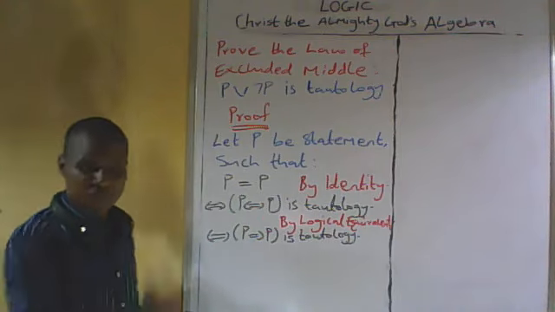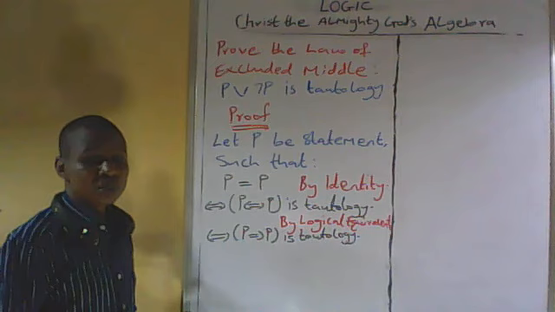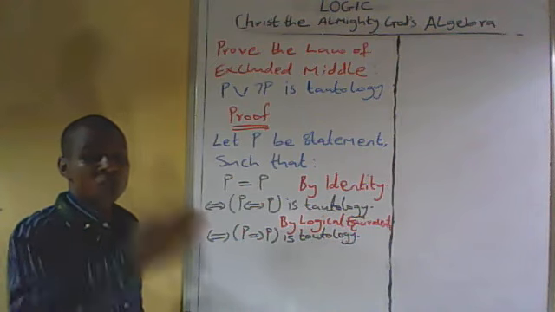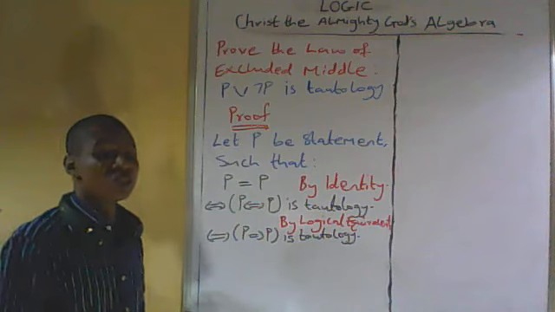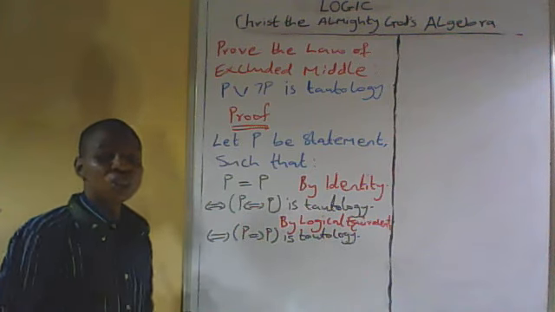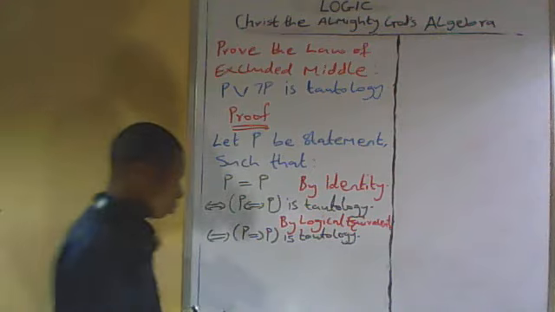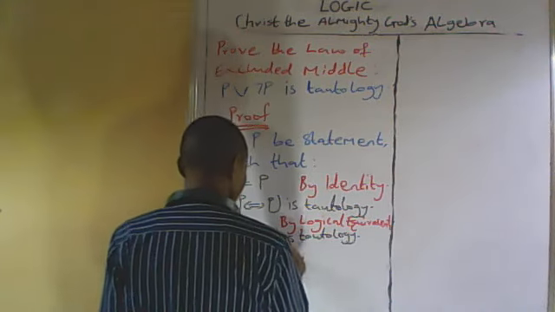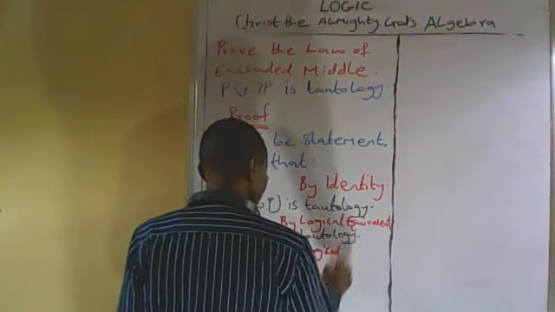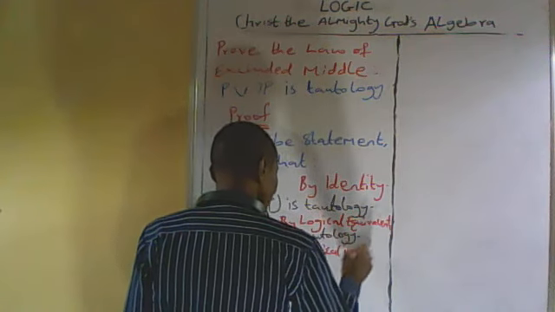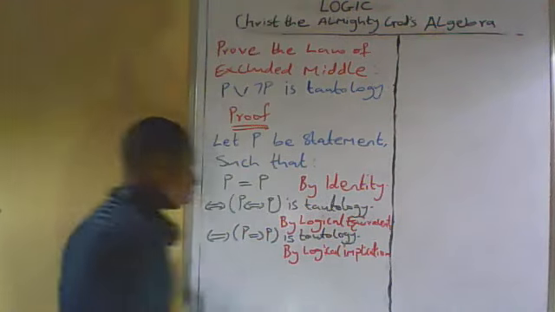That means whenever the left hand side is true, the right hand side must also be true. It is also a tautology, justified by logical implication.